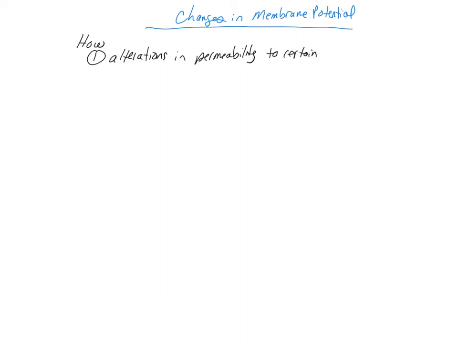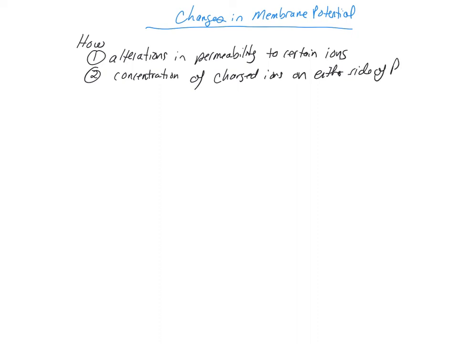Potassium is more permeable, sodium is less permeable. That affects membrane potential. And then we're looking at the concentration of charged ions on either side of the plasma membrane. That's the second thing that's really affecting it. So these are the two main players.